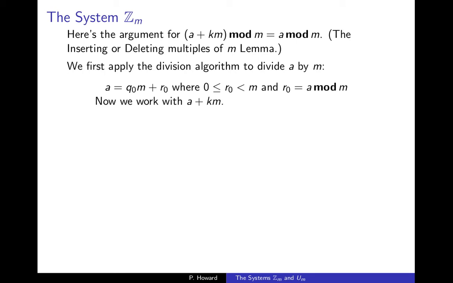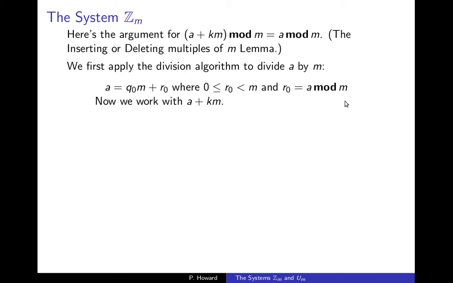Okay, now we're going to work with A plus Km, the thing inside the mod M on the left-hand side of this equation we're trying to argue for. So the first thing we're going to do is, in A plus Km, we're going to replace A by Q0M plus R0.